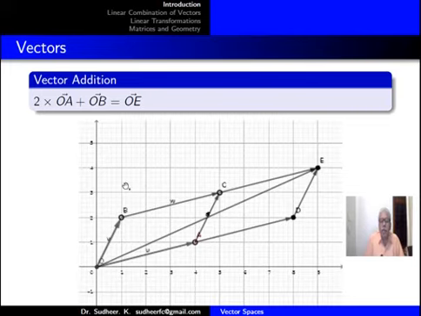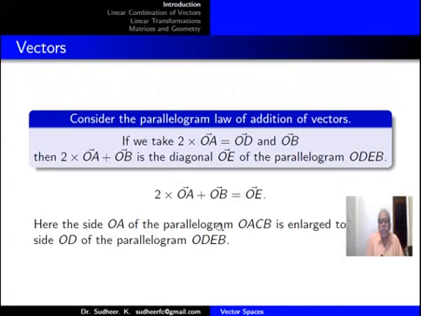Now to find the sum of these two, 2OA and OB, you consider the parallelogram with OD and OB as sides. So we complete the parallelogram ODEB, and the diagonal OE will be the sum 2OA and OB. So we say 2OA plus OB equal to OE.